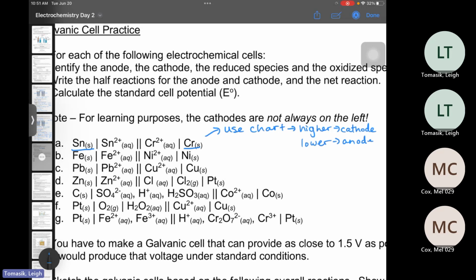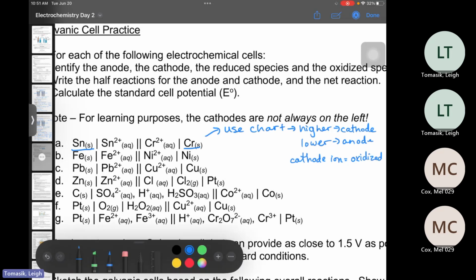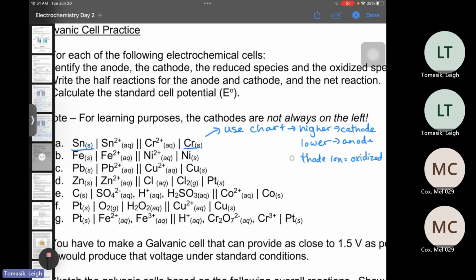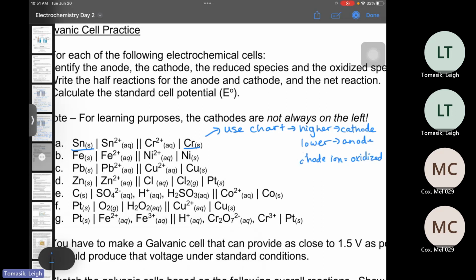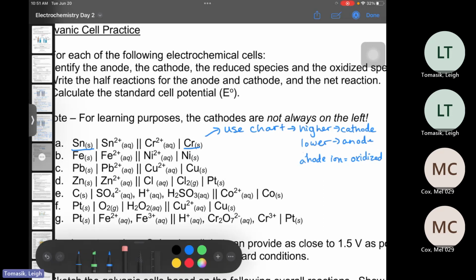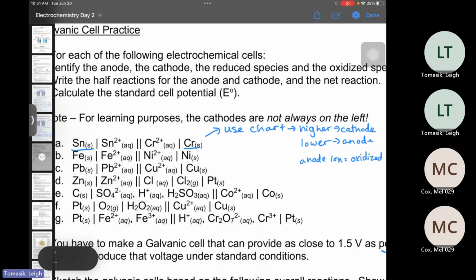And then the cathode ion is oxidized, sorry, no, that's wrong. The anode ion is oxidized. I don't know what's wrong with me today. The anode ion is oxidized, and the cathode ion is reduced.